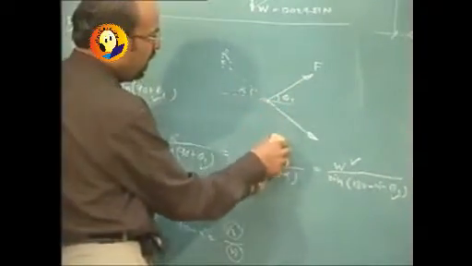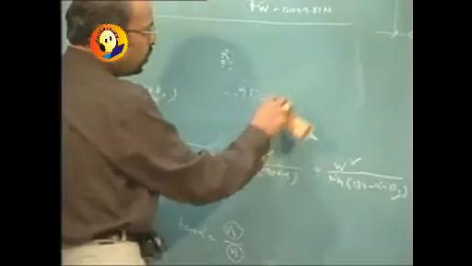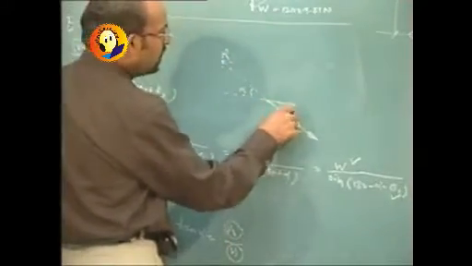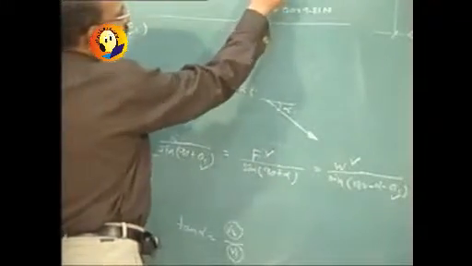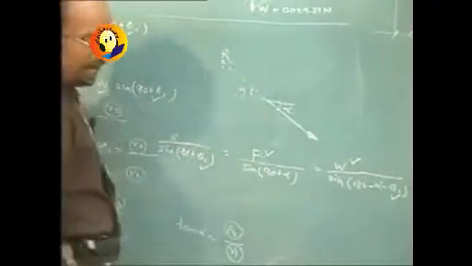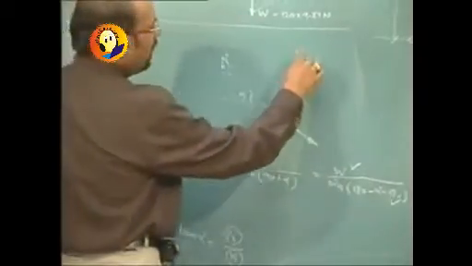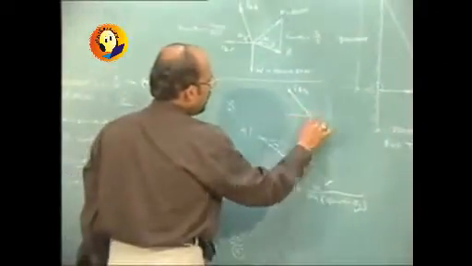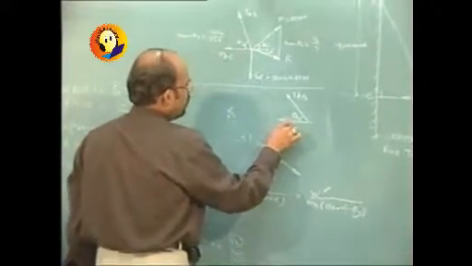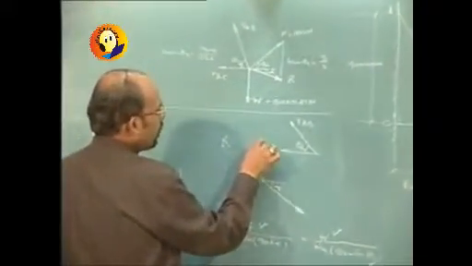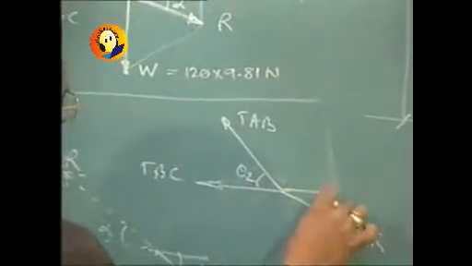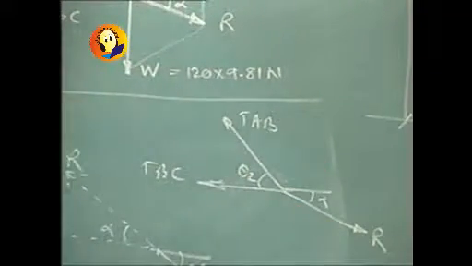This R alpha is going to balance the resultant of these two, and so if we find this R alpha, we will always get this alpha, so it can be substituted here, and then the diagram will be simply related to TAB, which makes an angle of theta 2, then TBC, and of course R, which makes an angle of alpha, and apply Lame's theorem.